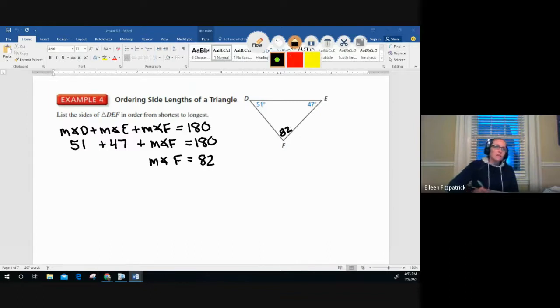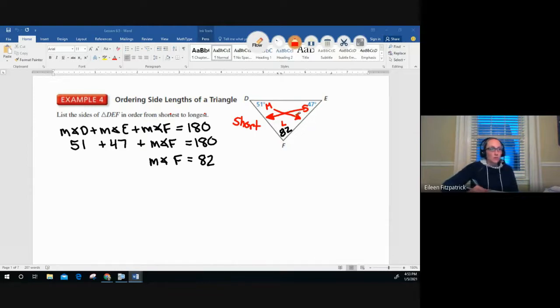Now, the reason I want to know all three angle measurements is now if I'm going from shortest to longest side, I want to find the smallest angle. This is the smallest angle. This is my middle or medium angle, and this is the largest or biggest angle. So the side across from the smallest angle is going to be your shortest side. That's my short side. The one across from 51, because that's the middle value, right?